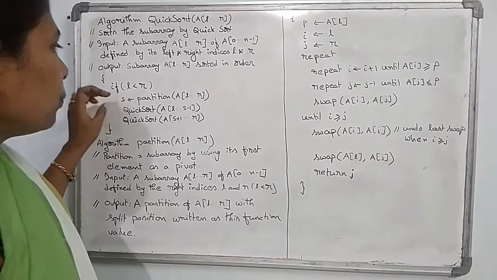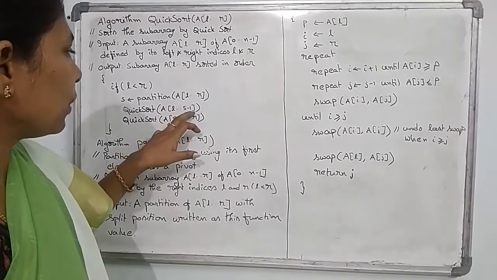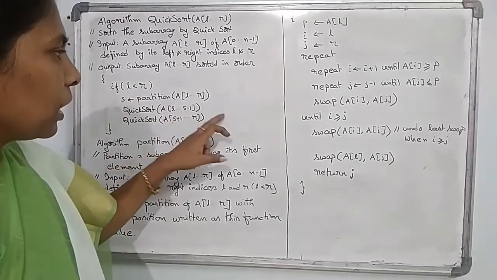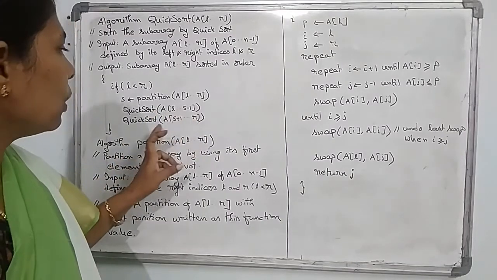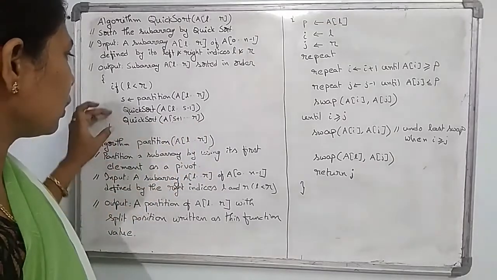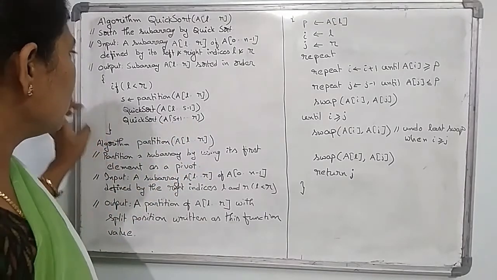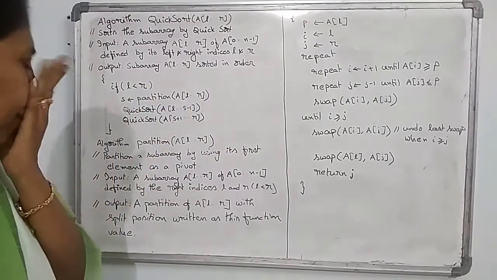After splitting, you apply quicksort to A[L..S-1], the left part, and A[S+1..R], the right part. You apply quicksort to these two, and this process must be repeated until the array is sorted.